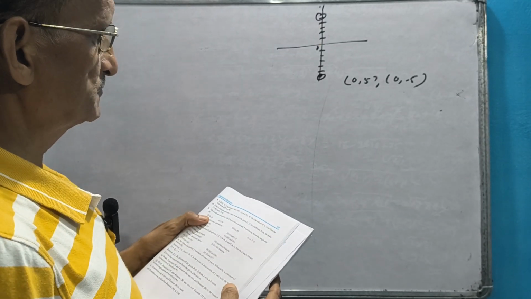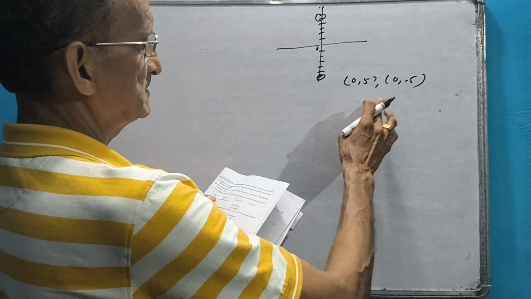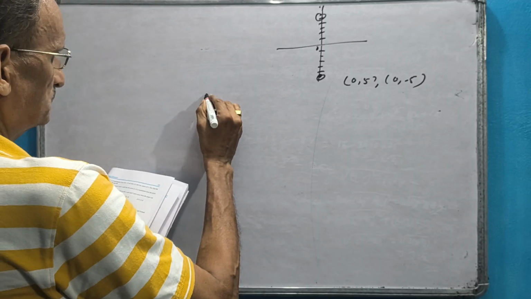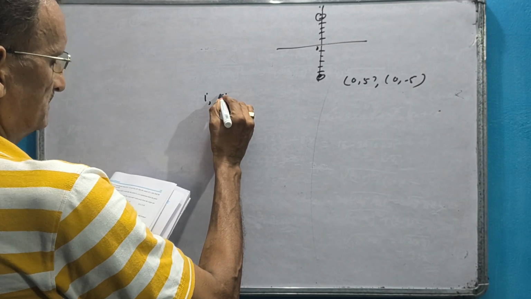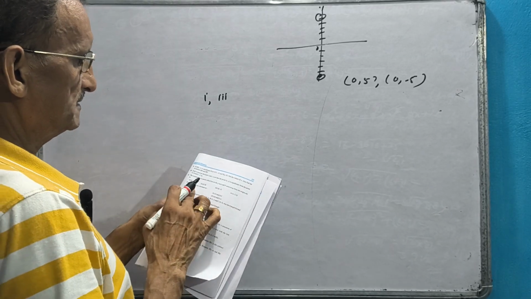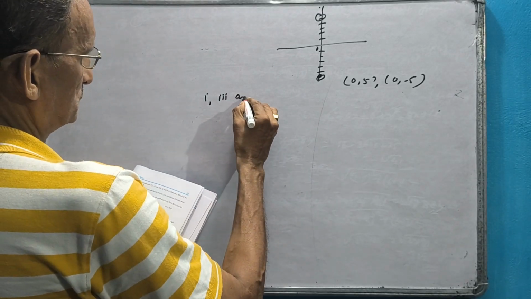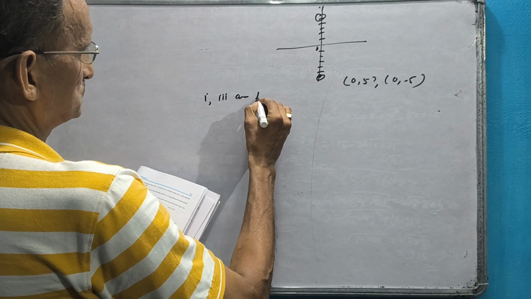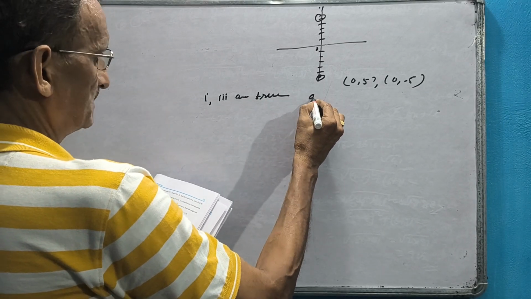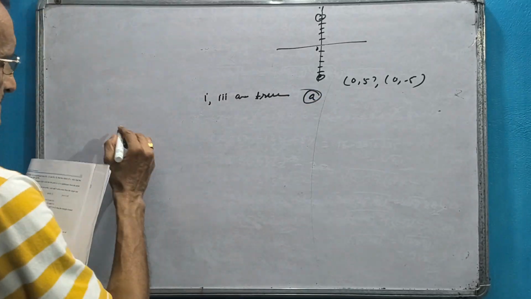So this is 1 and this is 3. So what is the answer? Both 1 and 3, which is option A, are true. Clear?